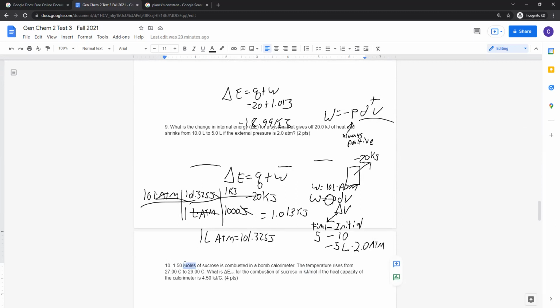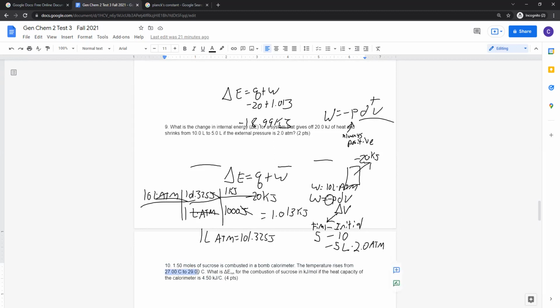Here I give you something in a unit of mole. Here I give you something in kilojoules divided by Celsius. Here I give you something in Celsius, right? So if you can recognize that you have to get kilojoules by itself by multiplying by some Celsius, and then taking your kilojoules and dividing it by some moles to get your final answer of kilojoules per mole, you're going to give yourself a better shot at getting the answer right.